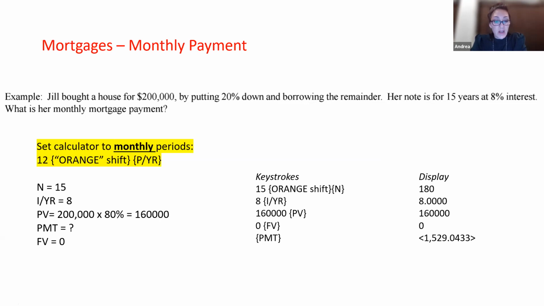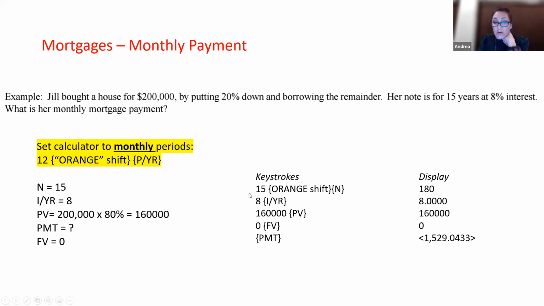All right. So you're going to set your calculator to the monthly periods. Remember she's buying it for $200,000, but she's putting 20% down. So she's financing $160,000. That's going to be your present value. And we are solving for payment.